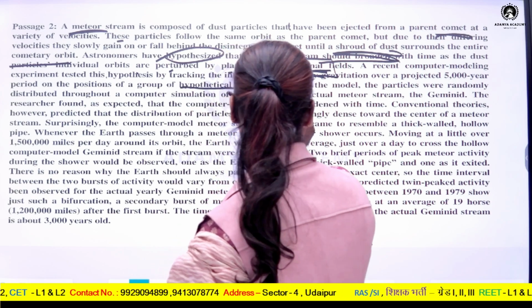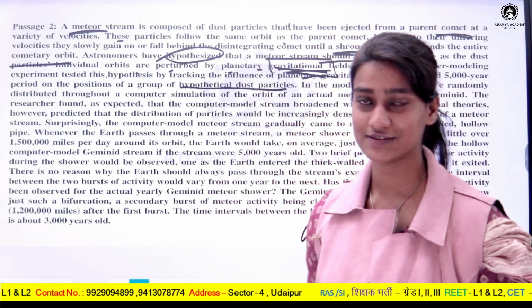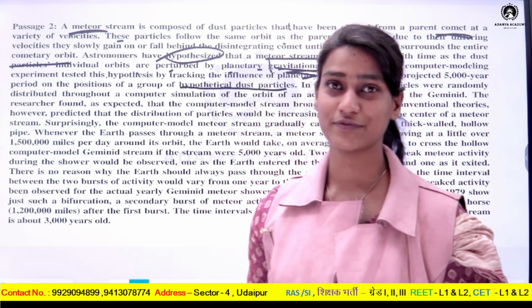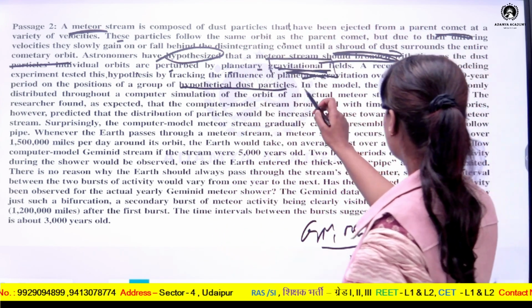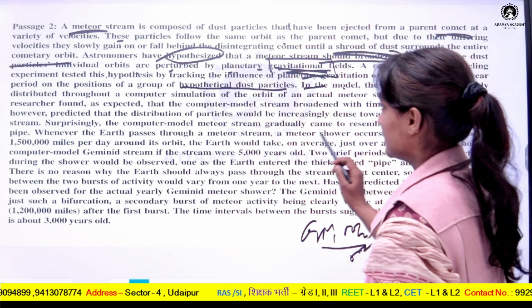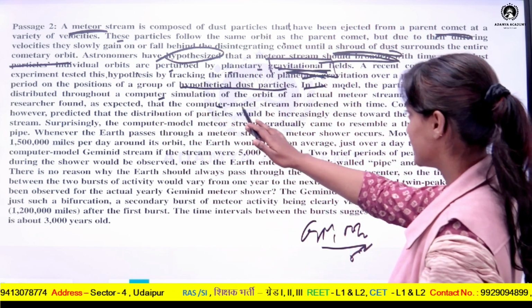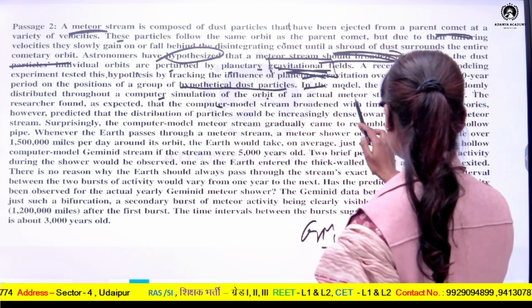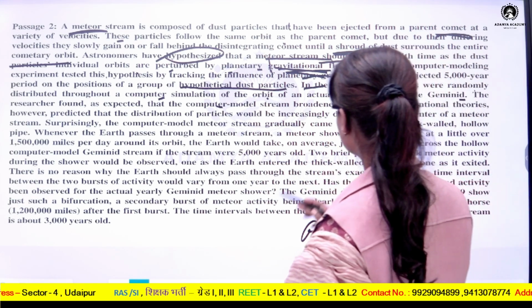So hypothetical dust particles were also created in this situation to study the effect of dust. In the model, the particles were randomly distributed throughout a computer simulation of the orbit of an actual meteor stream, the Geminid.